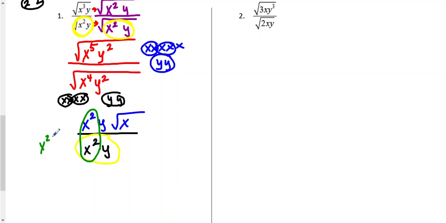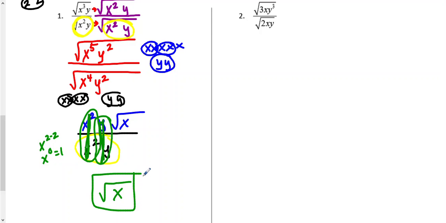So x to the 2 minus 2 really becomes x to the 0 power, which just equals the number 1. Same with the y's. They're the same thing. Anything divided by itself is just 1. So our final answer is square root of x.